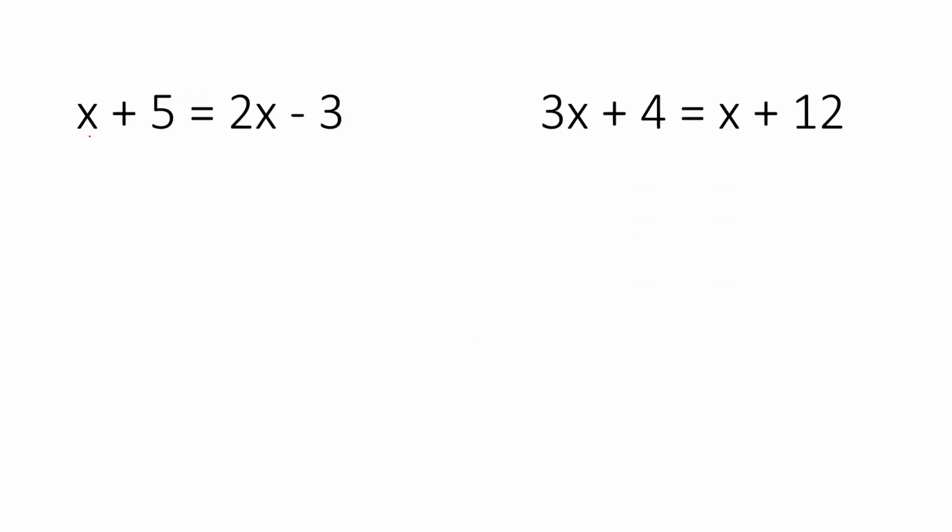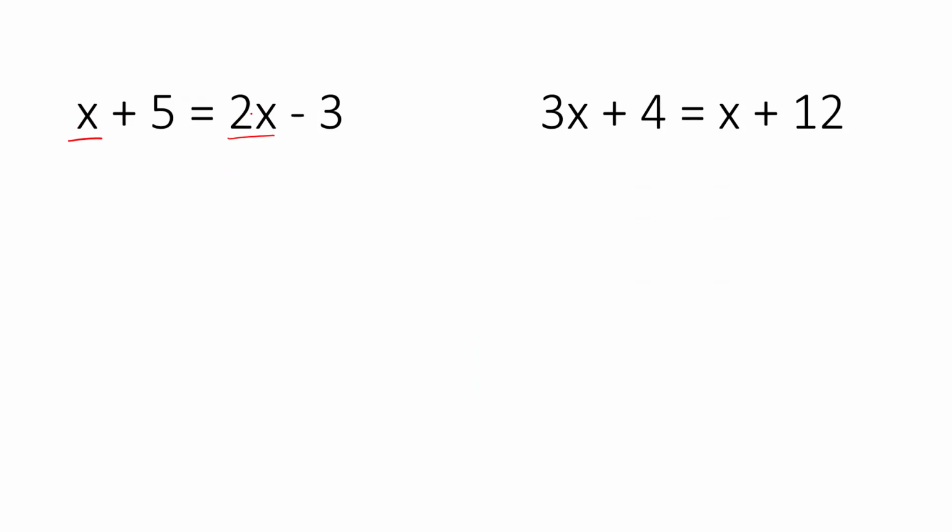So here you can see that there are variables on both sides. On the left we have x and on the right we have 2x. The first thing we have to do is decide what we are going to get rid of. Is it x or 2x?